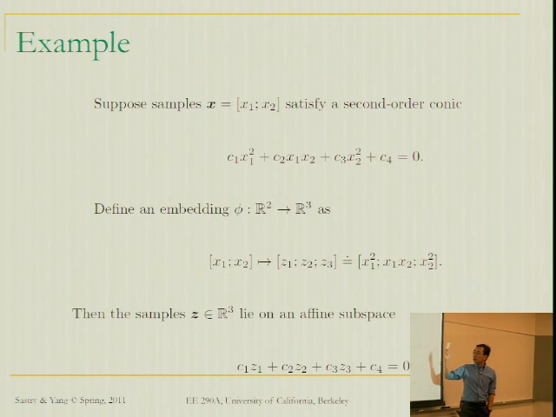After that, you can see that the constraint becomes c1 z1 plus c2 z2 plus c3 z3 plus c4 equal to 0. So that gives you an affine subspace in three-dimensional space. It is affine because there's a constant term in here, right? And how can you recover a linear subspace?